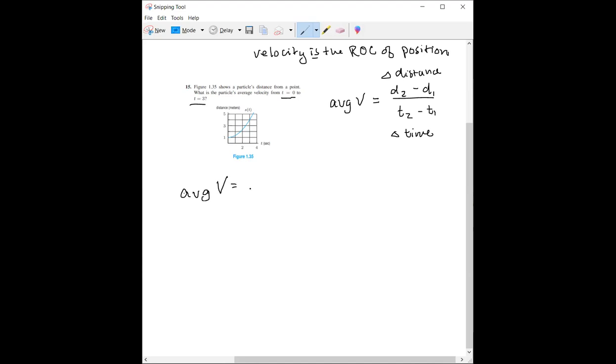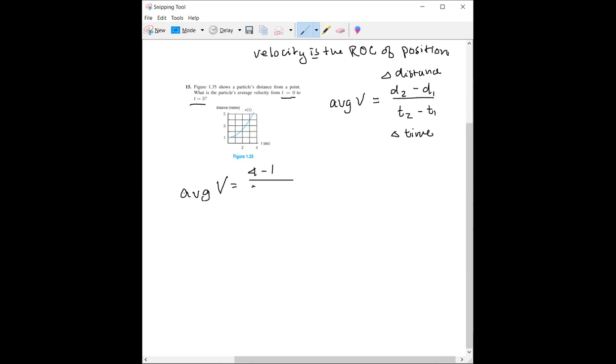Well, D2 would be 4, and D1 would be 1, because T is 0. And then T2 is going to be 3.